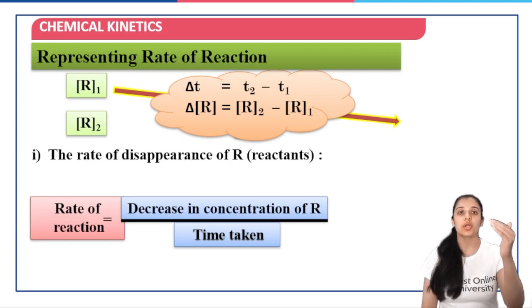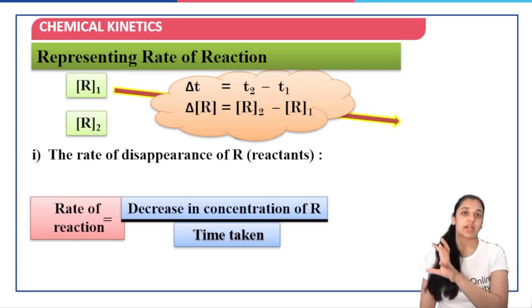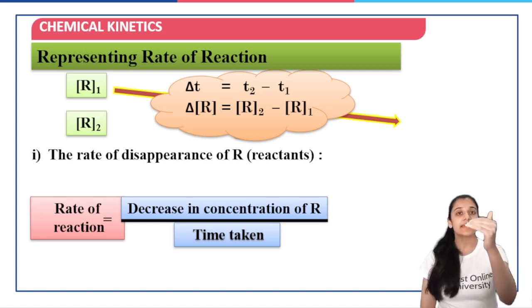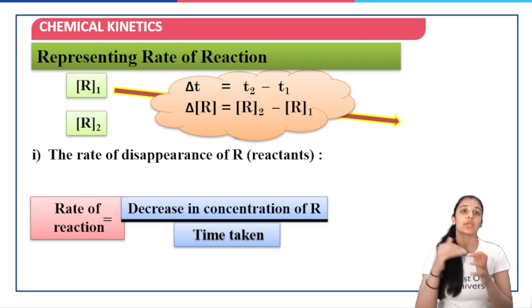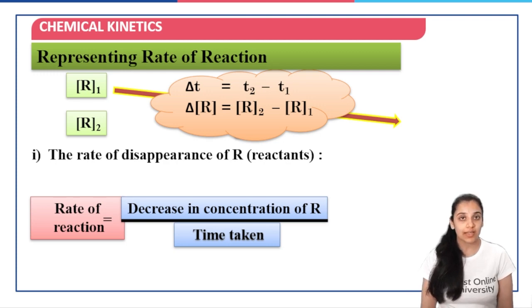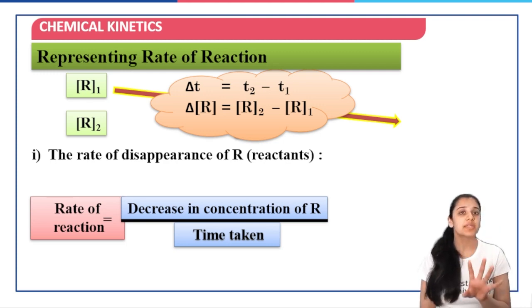R1 was the initial concentration, R2 is the final concentration of the reactant once the reaction has taken place. T1 is the time at which we started the reaction, and T2 is the time at which we observe the reaction completion. So the change in time, or the time taken, is T2 minus T1, as I've given you the example 12 to 12:02. So delta T gives me the time taken.